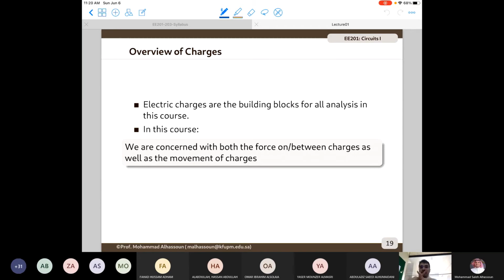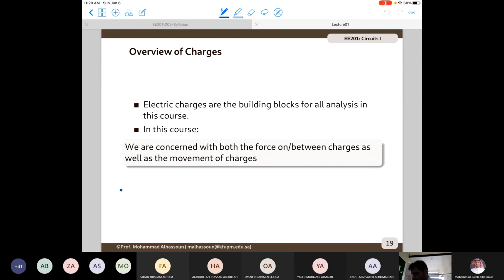We want to study the force between two charges, positive and negative, or positive and positive, and what happens when we have charges that are stationary, that are not moving. The other behavior that we want to study is the behavior of moving charges. We have a charge that's moving between point A in space and point B.